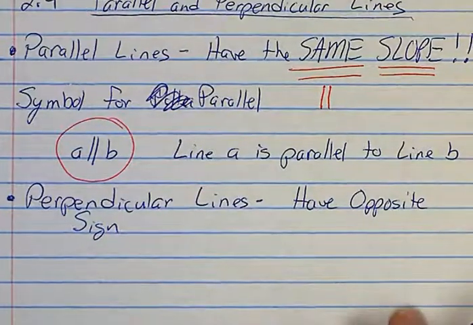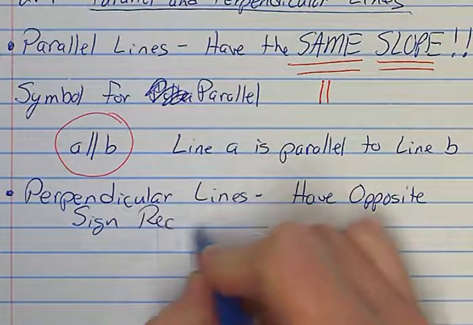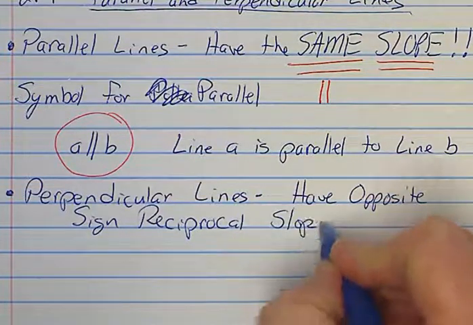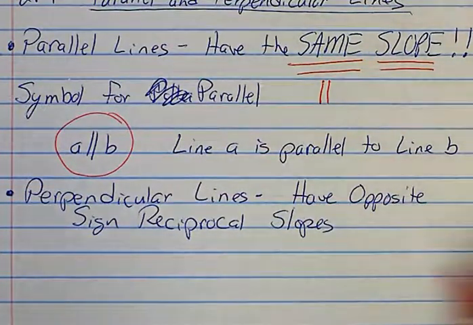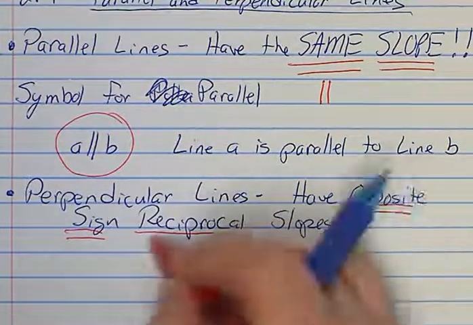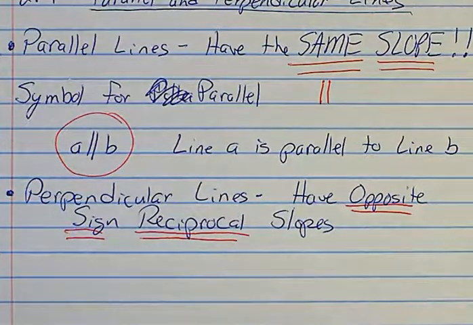And here's the other thing. We're going to say they have opposite sign reciprocal slopes. So, again, if one's positive, the other one has to be negative. If one's negative, the other one has to be positive.